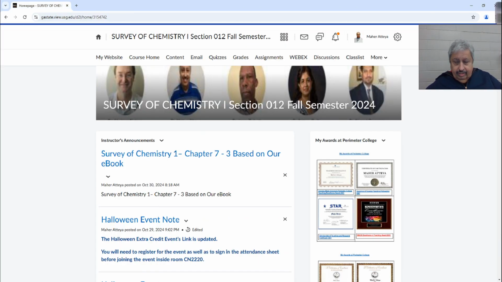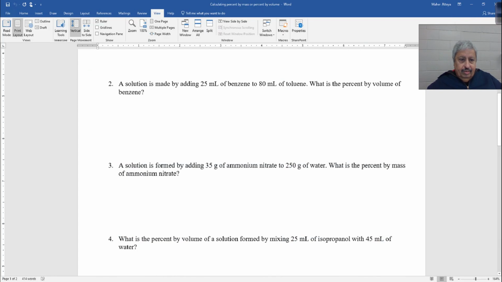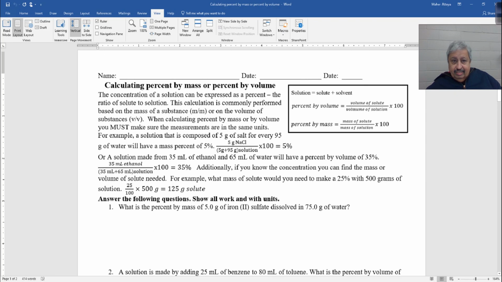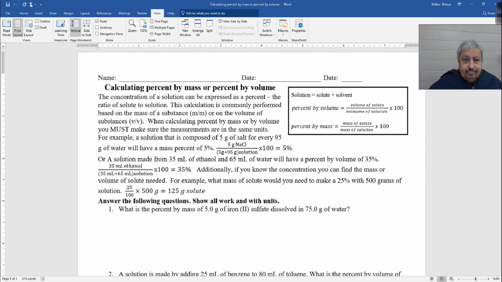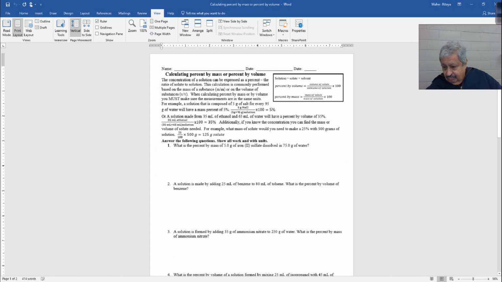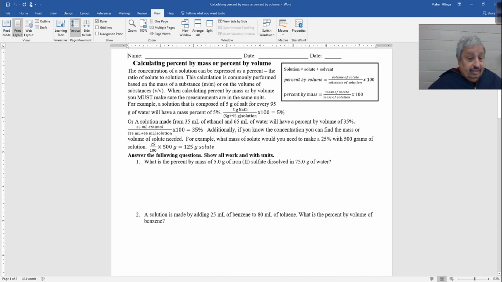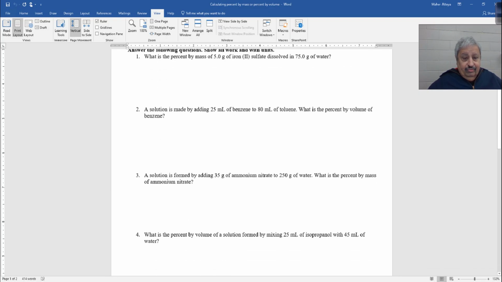And then we had this is mass by volume. The first one is, let's minimize this so you can see. So this one gives you the formula. This is already inside iCollege. So select one of those.